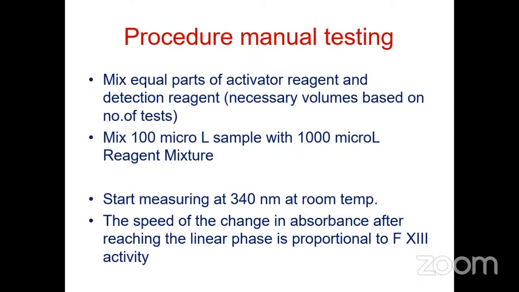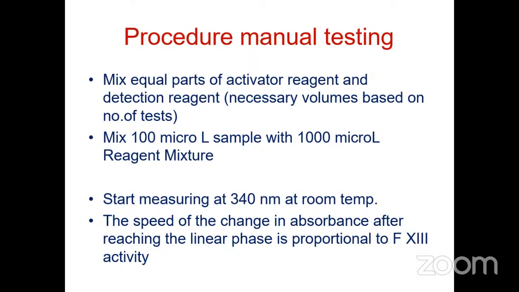Procedure for manual testing. We should mix equal parts of activator reagent and detection reagent. The necessary volume should be based on the number of tests we are performing, whether 1 test, 2 tests, or 5 tests. Mix 100 microliters of sample with 1000 microliters of reagent mixture.